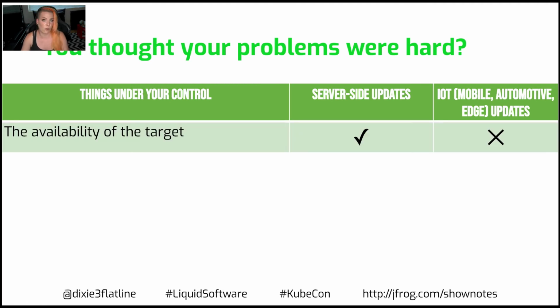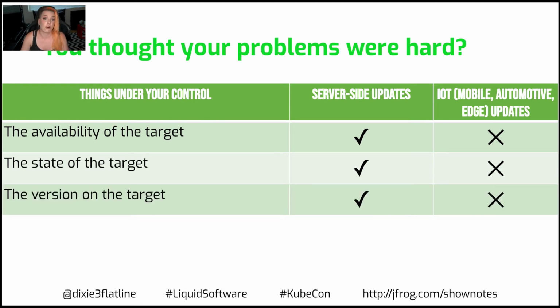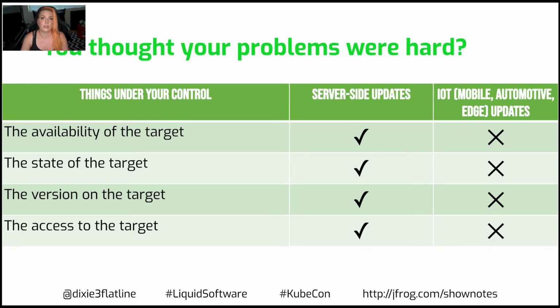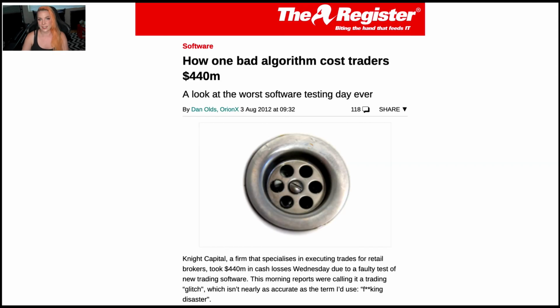They don't control the availability of the target device. They don't control the state of the target. They may not know the version of the target. They may not have access to the device. So our lives doing server-side updates are way easier than the lives of those solving problems for IoT, and yet we still manage to screw it up, like, repeatedly.